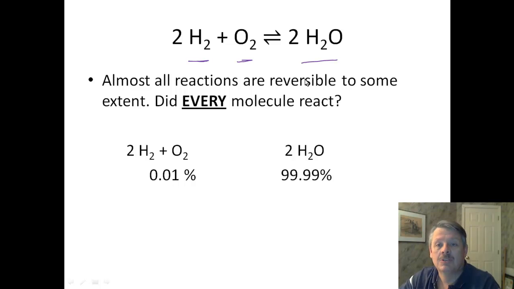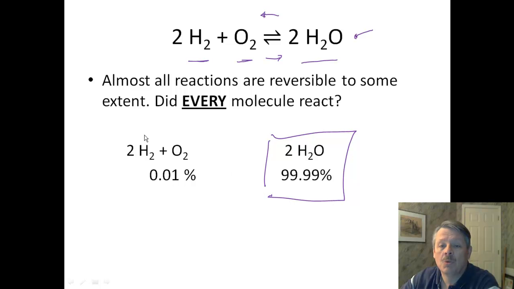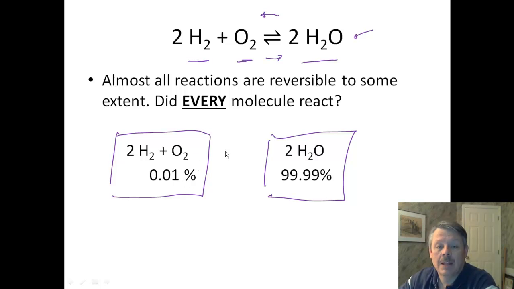So it does not spontaneously react with oxygen to make water, right? It needs enough energy to do that. It needs the right orientation to do that. And what we have is an equilibrium reaction where most of it goes to water, but there's still some of it that decomposes naturally in the atmosphere to hydrogen and oxygen. So even though the vast majority is water, there's still some of it that is hydrogen and oxygen.